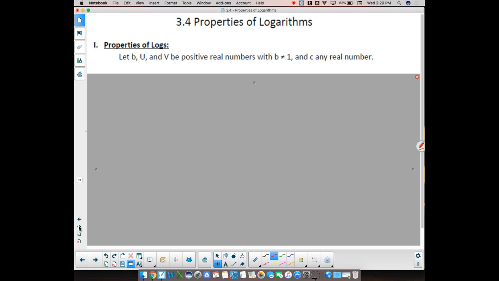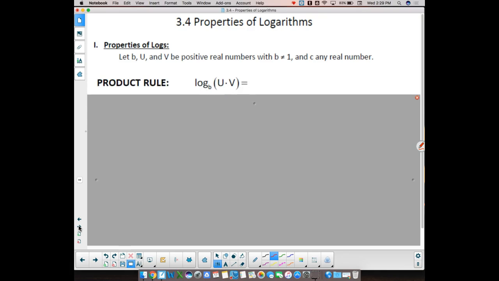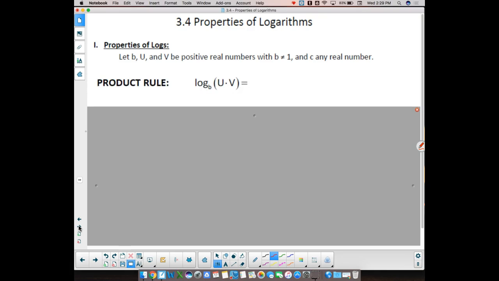Properties of logs. I know you've seen these before. Last class I had, they were like, oh yeah, I remember. And then we got going, and then like, piece of cake. Okay? So there are 3 properties, 4 really if you include change of base, but we're going to talk expanding and condensing of logs today. So really we're going to focus in on the 3 properties.